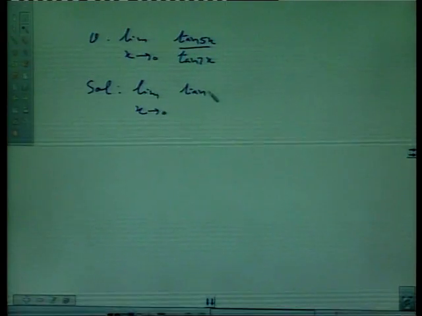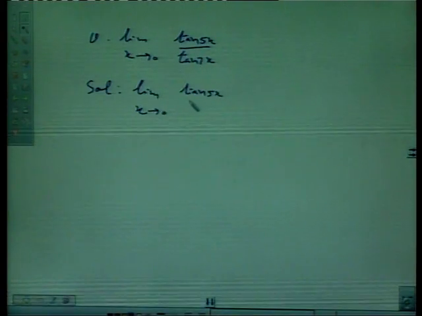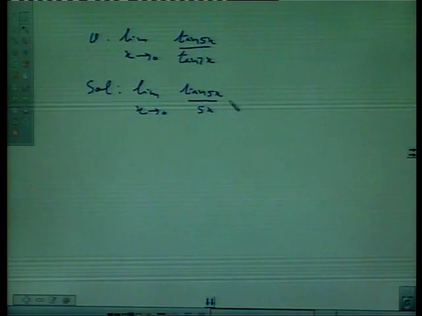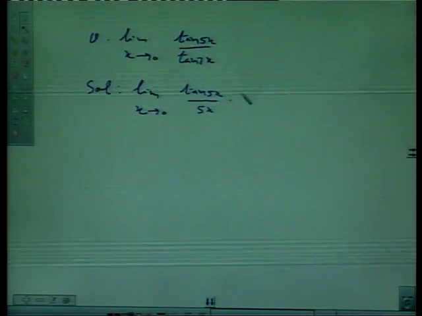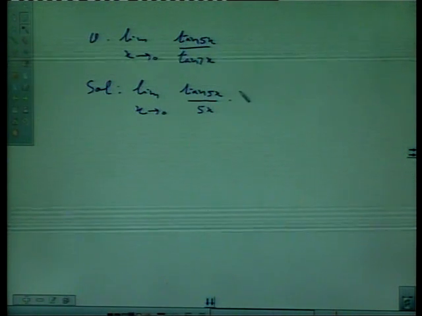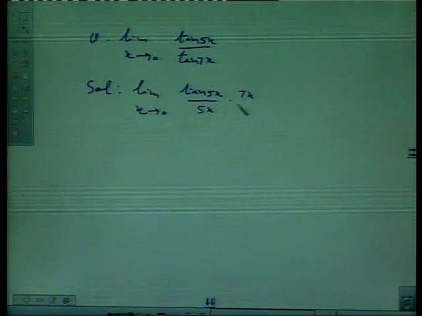First of all, we will change this into standard limits: tan 5x upon 5x, tan 7x upon 7x.